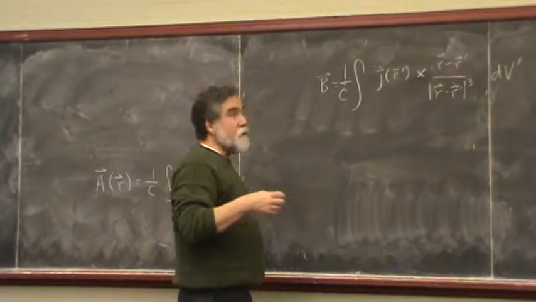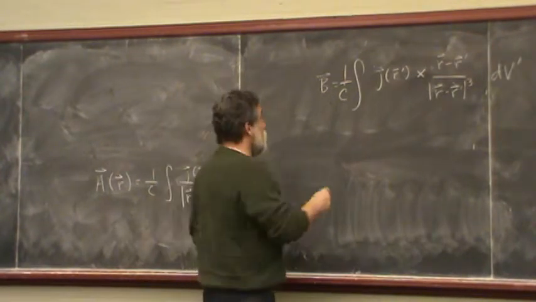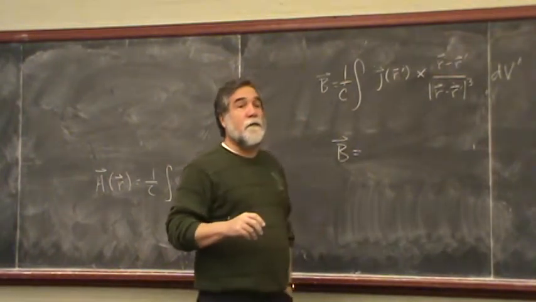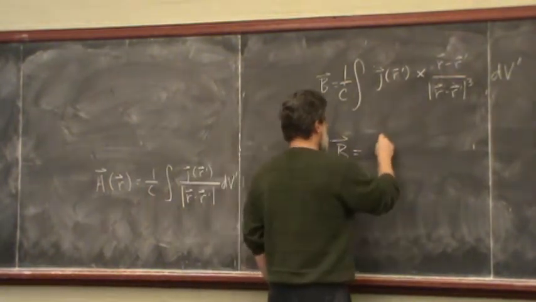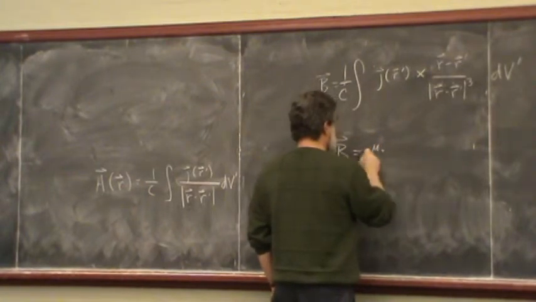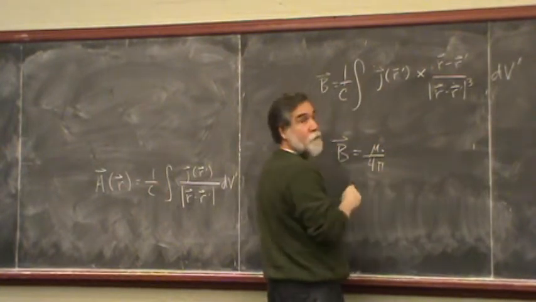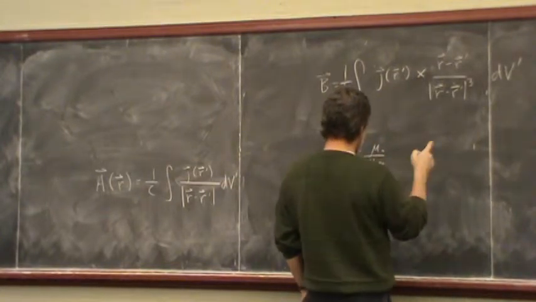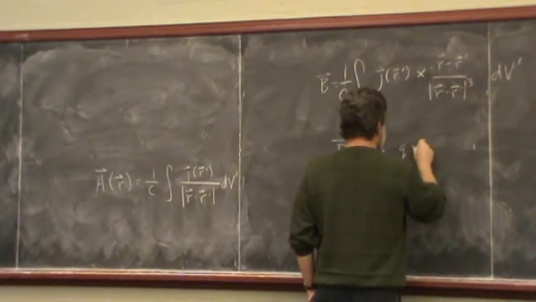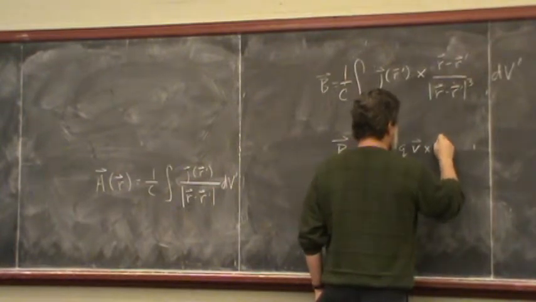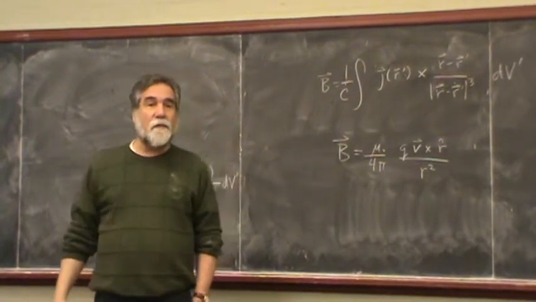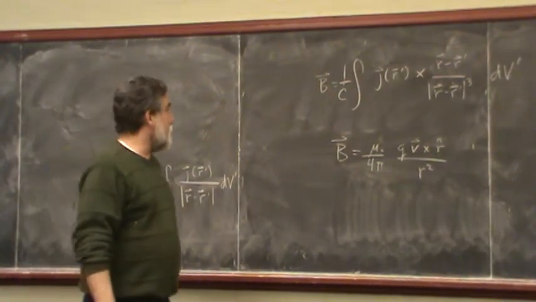Okay. What you're accustomed to was that you were finding in physics 2, for example, that this is mu0 over, I think over 4 pi, I don't really remember. Right? Mu0 over 4 pi q v cross r hat over r squared was the way that it was written. Okay?